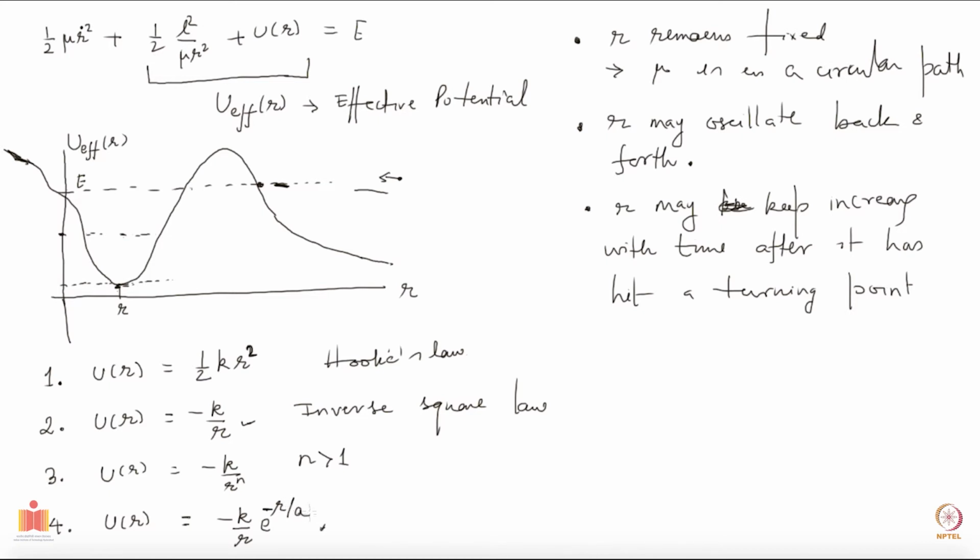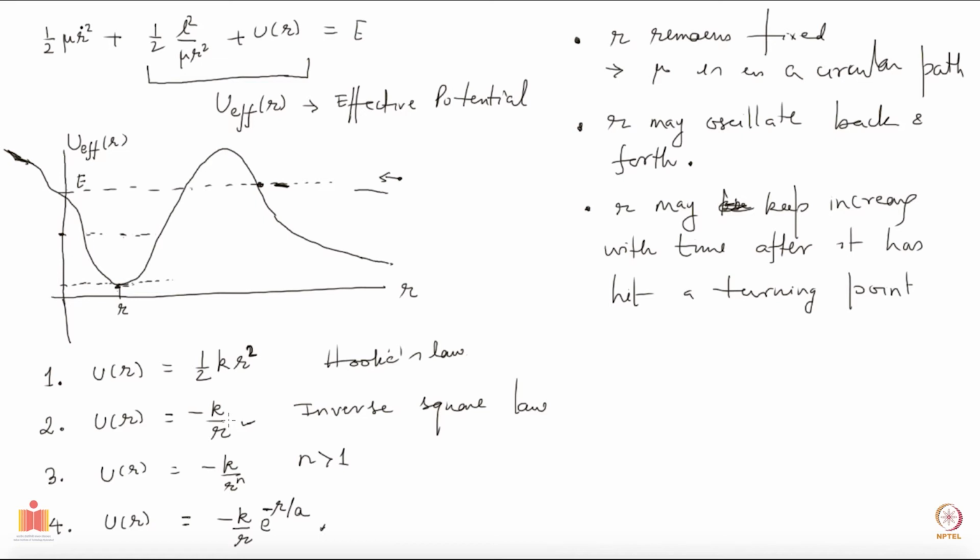See, a is a length scale in this problem, right? So let's say you are at a distance 10 times a, then you compare how much smaller this potential is compared to this. This will give you a quick idea of why we say that this potential cuts off very fast as you go away from a at a larger distance.